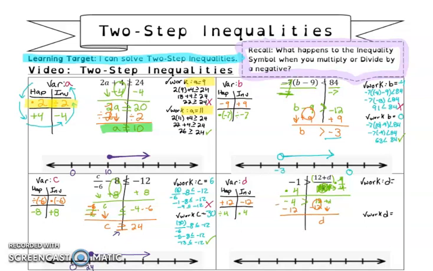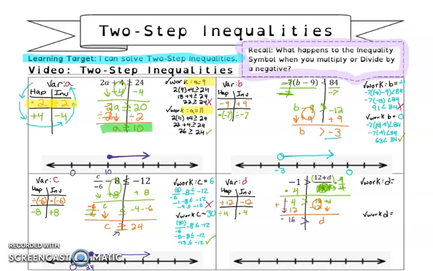These are the same sign, so we're going to add the numbers and keep the sign. Remember in the beginning of the year, I would draw this arrow and put a negative down here. So now we have 4 plus 12, which is 16, and it's negative. So we have negative 16, and we bring down that exact same symbol because we didn't divide or multiply by a negative. So our answer is negative 16 is greater than our variable D.